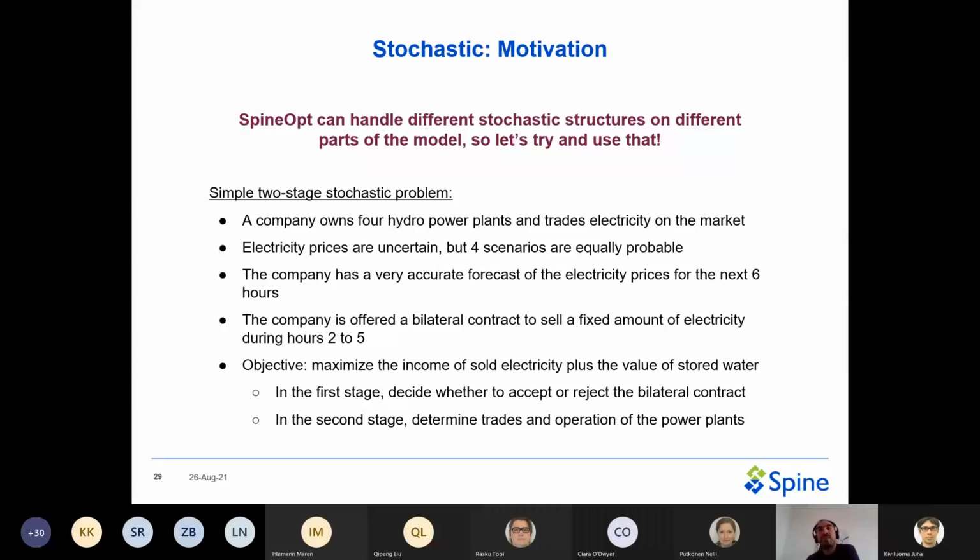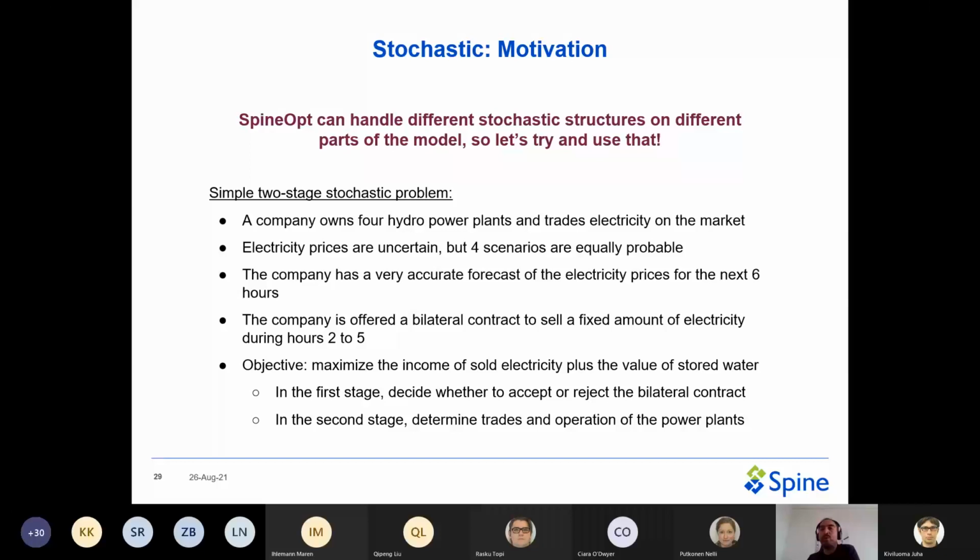So the thing is that SpineOpt is very particular in the sense that you can define multiple stochastic structures and assign these stochastic structures to different elements of your model.